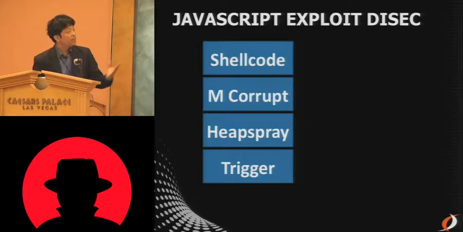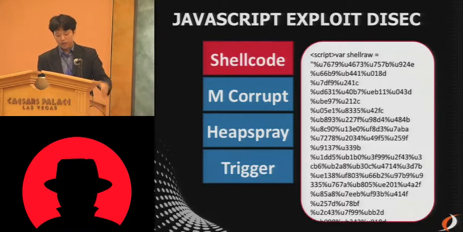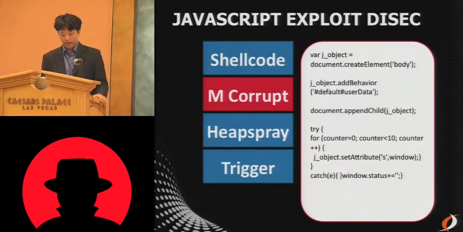Okay, so, dissecting a JavaScript exploit. There's a shellcode, there's a memory corruption, there's a heap spray, and there's a trigger. The shellcode is the payload, for example, Meterpreter. The memory corruption is where you corrupt the memory, for example, buffer overflow or other types of memory corruption, and you trigger that vulnerability.